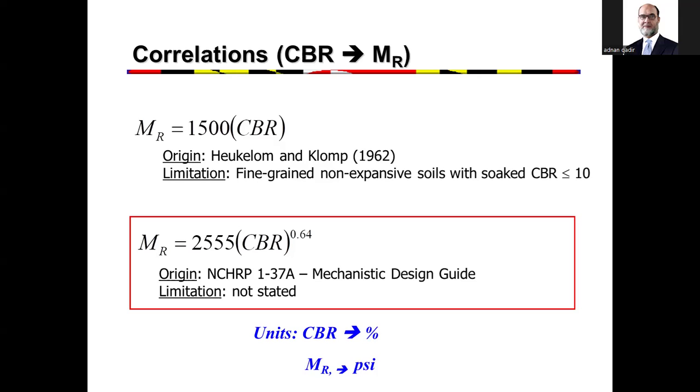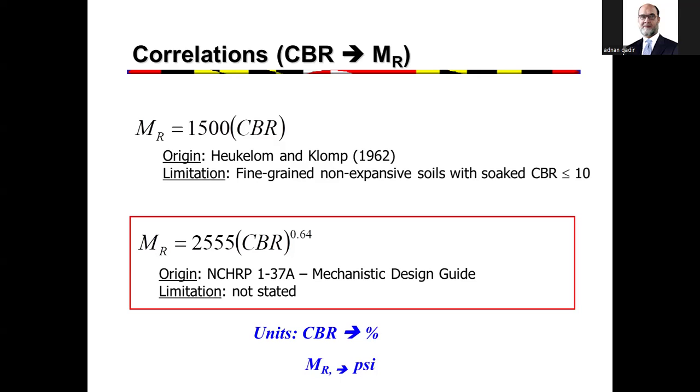The previous equation that was developed in 1962 has now become dormant. And this is the best approximation people have come up with, 2555 CBR to the 0.64. The 1500 CBR relation is now not very much used, and it's very rare that people use this formula.